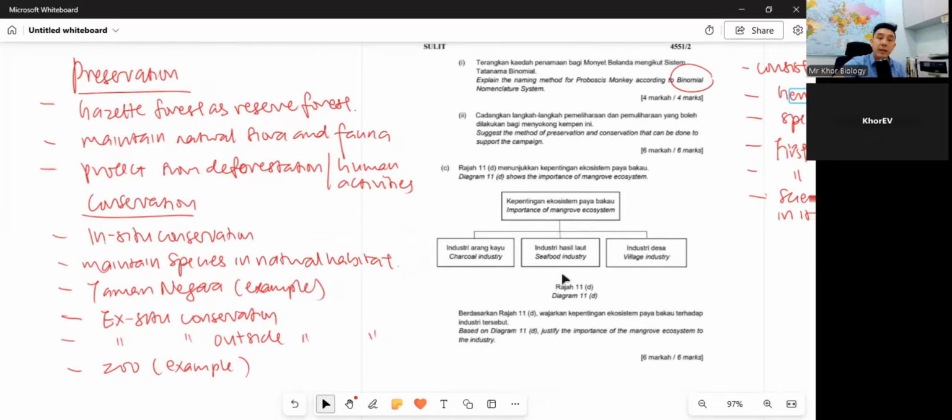Charcoal, seafood, and village. Okay, how is it important? How are these mangroves important for charcoal, guys?